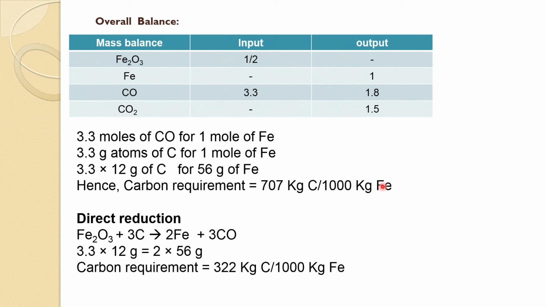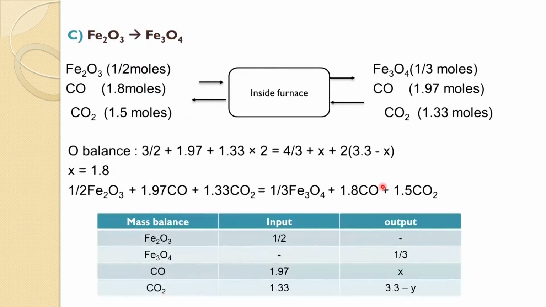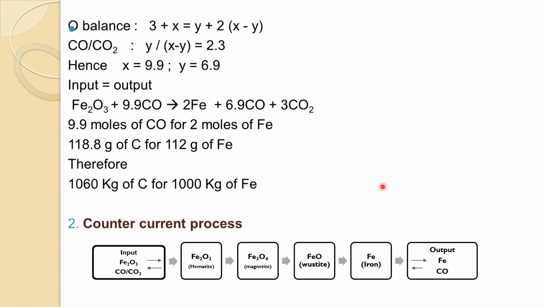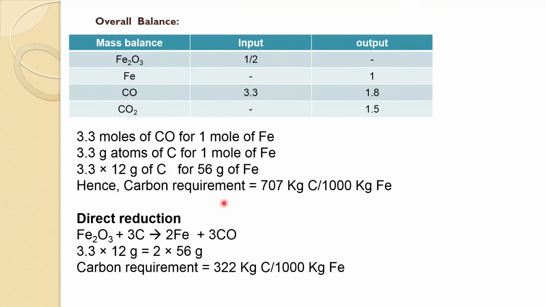That is almost more than 30% reduction compared to indirect reduction under co-current condition. That is why we use a counter current reactor to produce iron, such as the blast furnace.